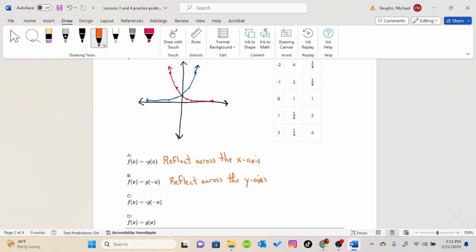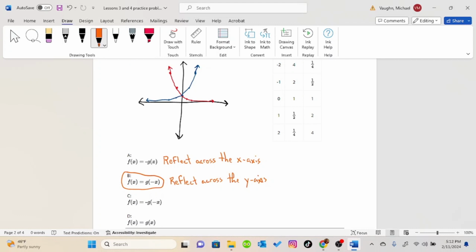In other words, flip it over from left to right. And that does appear to be what happened. If I take this red graph and I spin it around the y-axis, I end up with that blue graph. So B appears to be the correct answer.